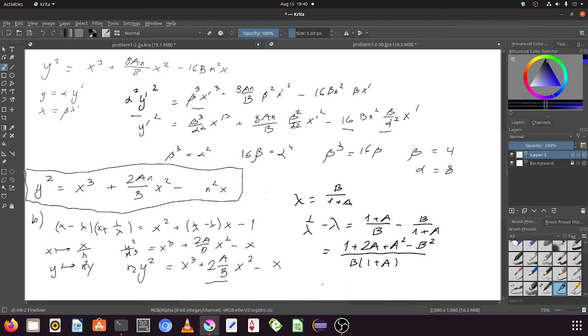This needs to be reduced. 1 minus b squared gives a squared, so it gets 2a plus 2a squared. And they cancel beautifully.